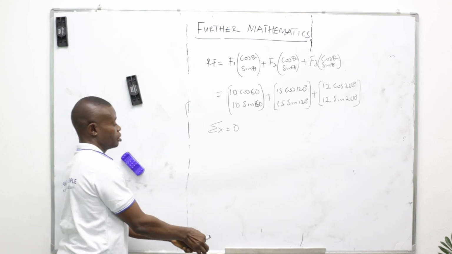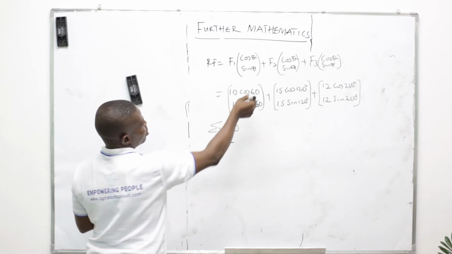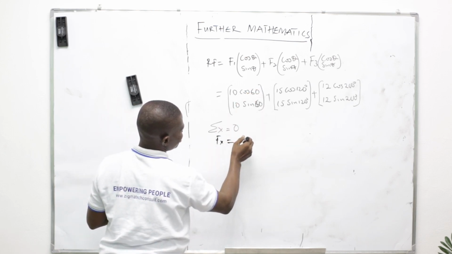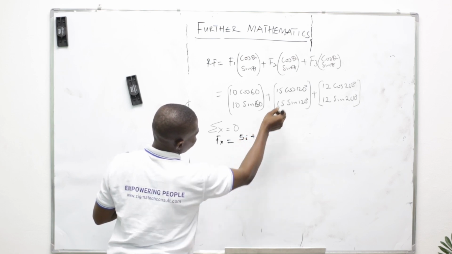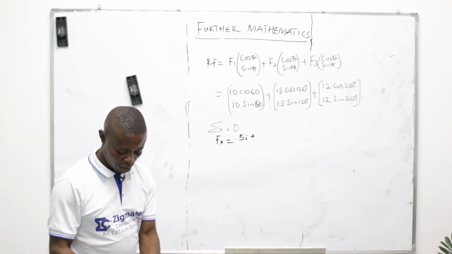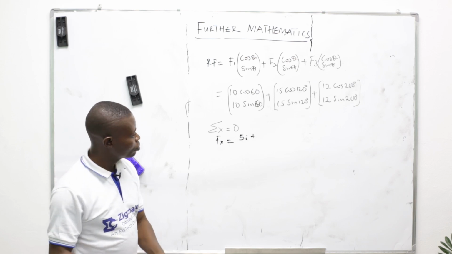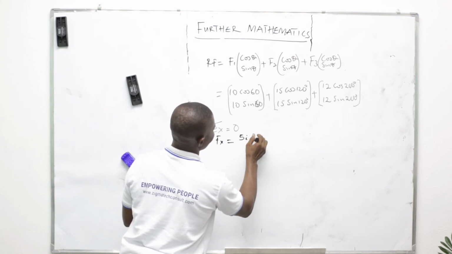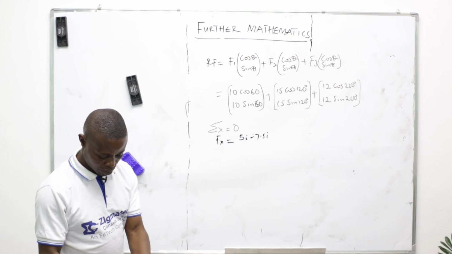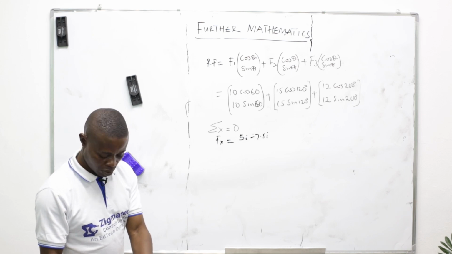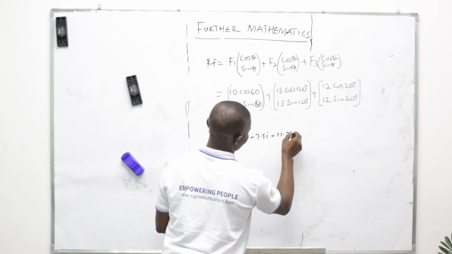Recall that summation is 0 at equilibrium. Let's get our summation of x, that is F of x equals cos 60 is 0.5 times this, meaning 5i, plus cos 120, minus 7.5i, cos 200, minus 11.3i.